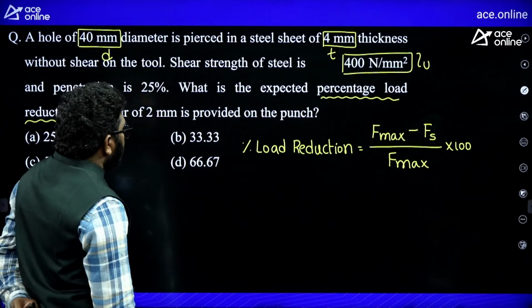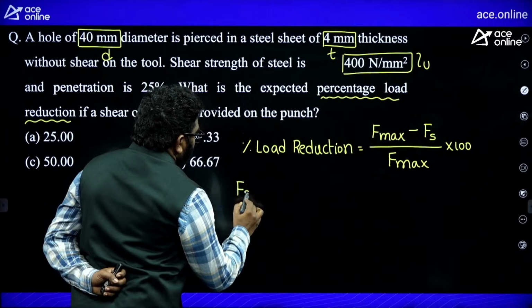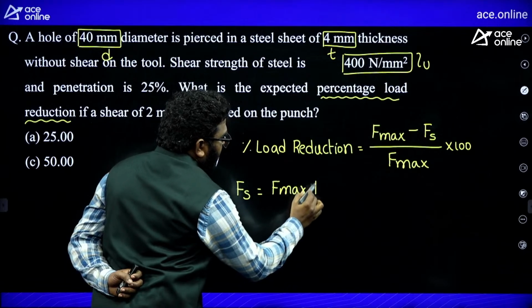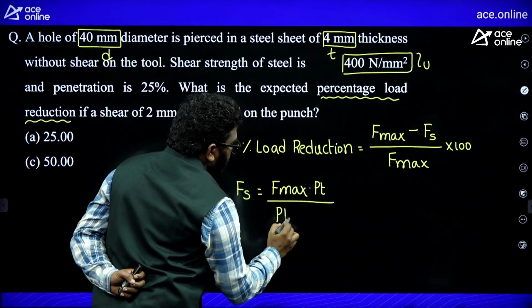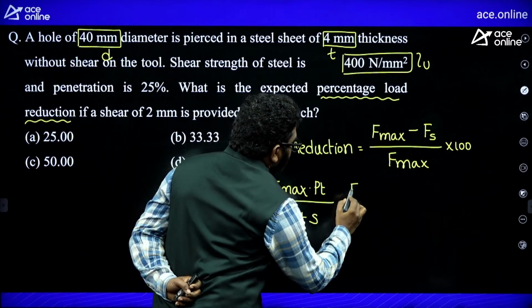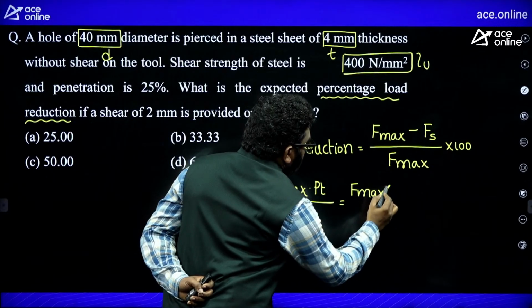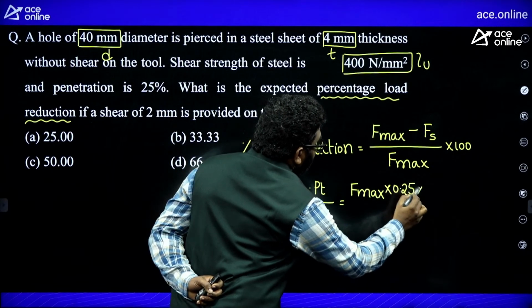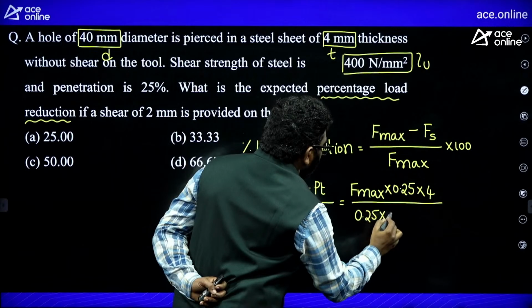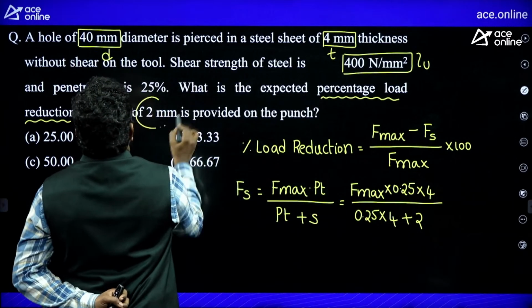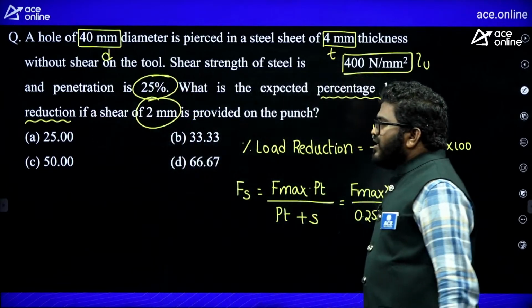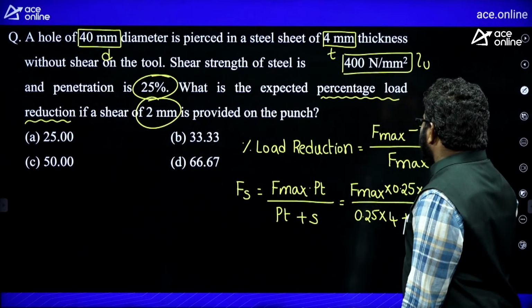Now, listen. Fs is equal to F max into penetration times thickness by penetration times thickness plus shear. F max into 0.25 into 4 mm thickness by 0.25 into 4 plus shear, which is 2. Shear is given in the question as 2, penetration is 25%.